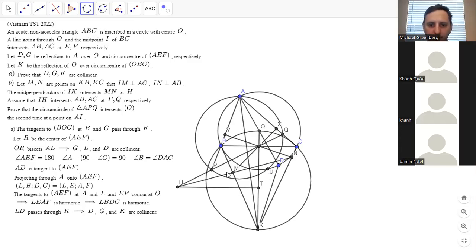Is that obvious? So angle OUH is 90 degrees. So HU basically is tangent to this circle. I'm not sure why, but that's what it looks like. But I'm not sure if that makes the problem easier actually, or if that's just the same thing.